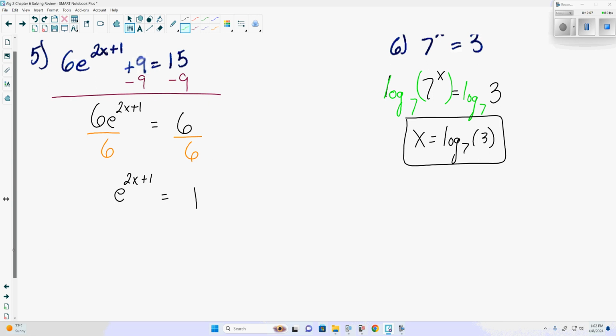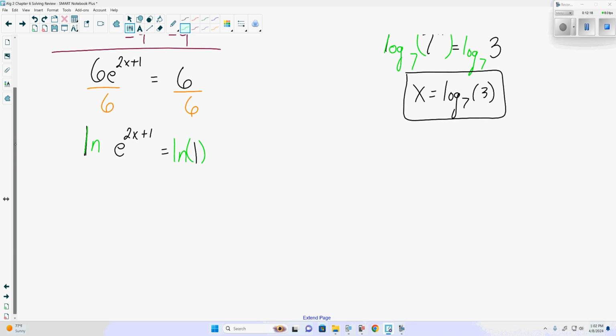Now, the next thing we're going to do is apply the log, and specifically the natural log, to both sides. We do this because the natural log's base is e, so ln of e to the 2x plus 1 is 2x plus 1. Now, for the most part, the natural log of a number is going to be an ugly number, yes?